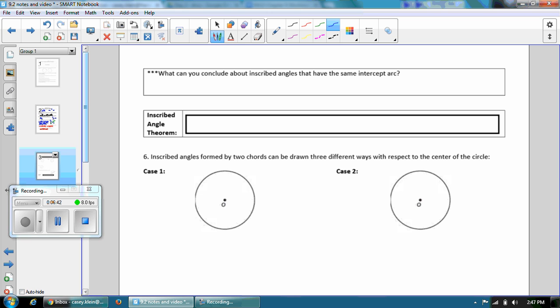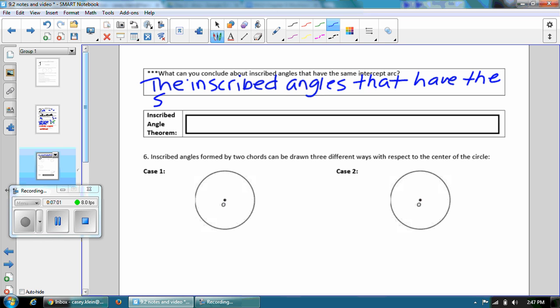So let's write the inscribed angles that have the same intercepted arc are congruent.